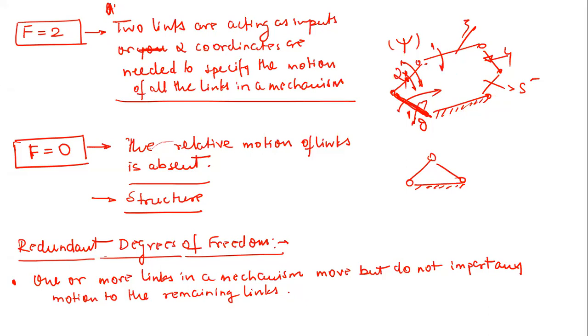But sometimes there exist certain links in a mechanism where you transfer your motion, say to this link 1, but this link is not giving any motion to the link which is in connection with it, right? So in those cases, we call such degrees of freedom redundant degrees of freedom, right?